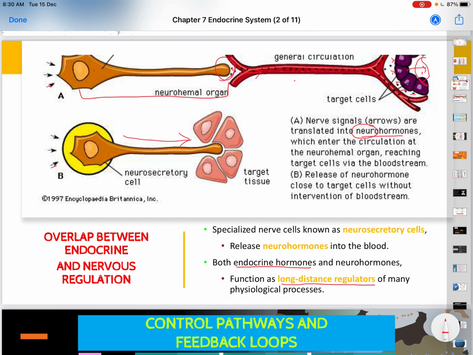But the nervous system is also involved in hormone regulation by having neurosecretory cells that release neurohormones. So now we have two sources that can release hormones. The first is endocrine hormones. The second is neurohormones, which are secreted by the neurosecretory cells.